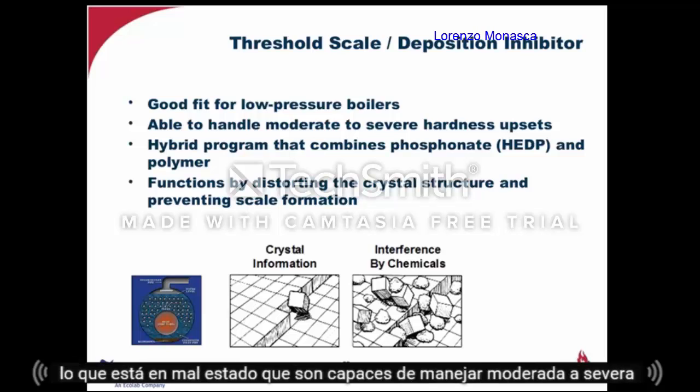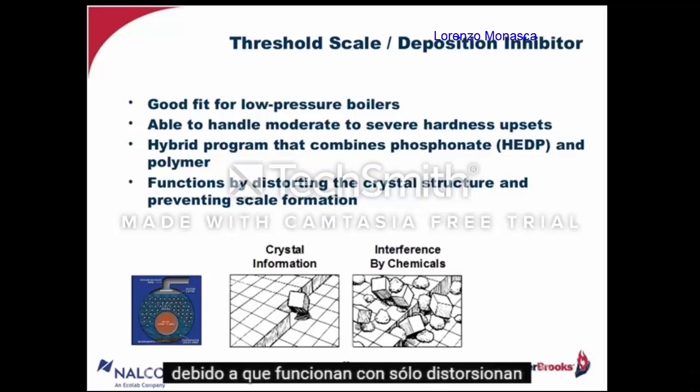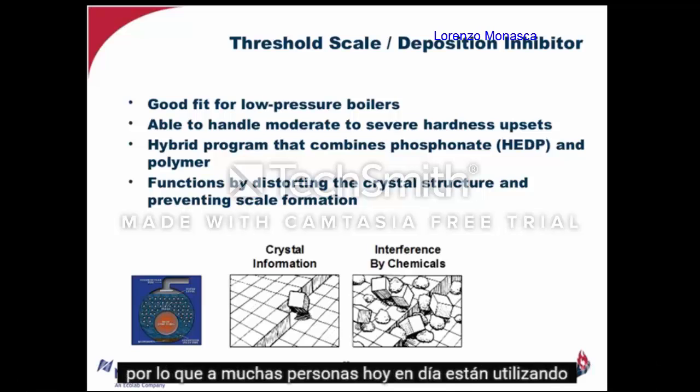They're able to handle moderate to severe hardness upsets, even better than the phosphate treatment program we discussed, because they function by distorting the crystal formation, so that crystal can't pack tightly. We can't have that tight, dense calcium-magnesium scale anymore. And they also don't form the amount of sludge that a full phosphate program will. So many people today are using threshold scale inhibitors as part of their program.